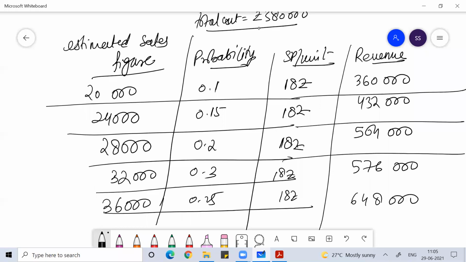This would be the revenue for the company under each condition.